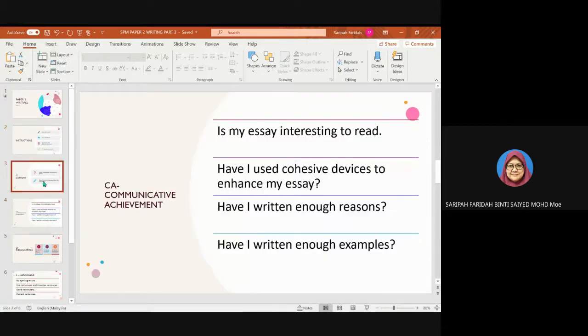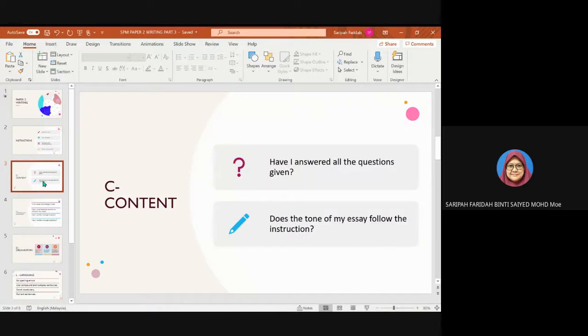Next. This is one way the examiner looks at it: content, C. You remember C.A.O.L.L when I mark your paper? So what is C? C is content. The examiner will look at whether you have answered all the questions given in the question paper. Did this person write one essay? Yes. Did this person choose an essay?